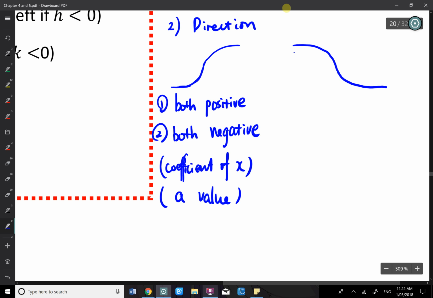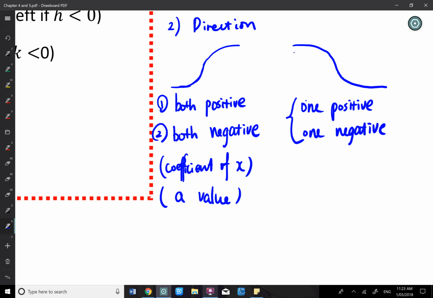And for one positive, one negative, if you have only one positive or one negative, then that will be the decreasing shape. For example, if you have negative cube root x plus 1, that will be a negative shape.